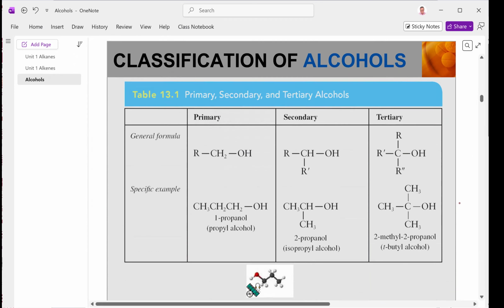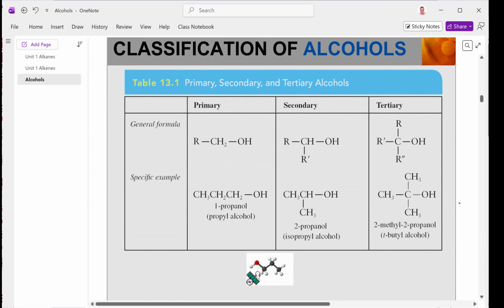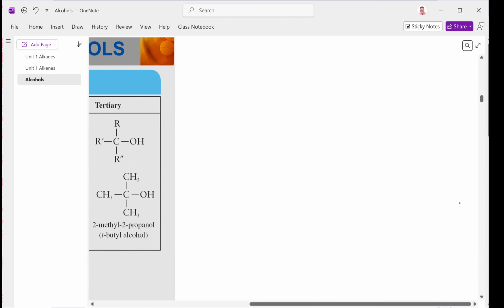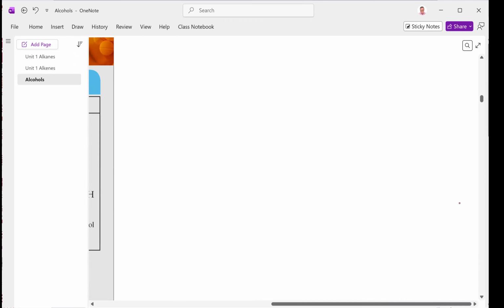Now, this is something important. The reason it's important is because the reactions will be different based on where the OH is located on the molecule. And it's in relation to the number of hydrogens that are on the same carbon as the OH group. Now, let me show you what that means. Let's count hydrogens.